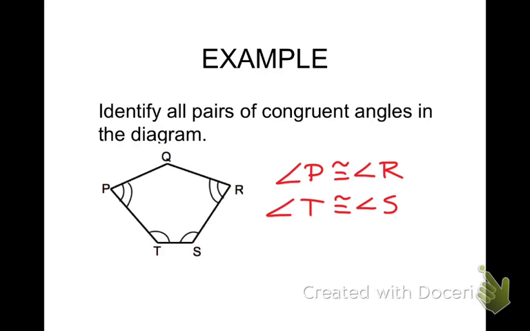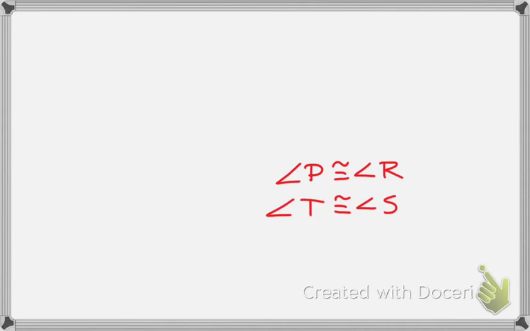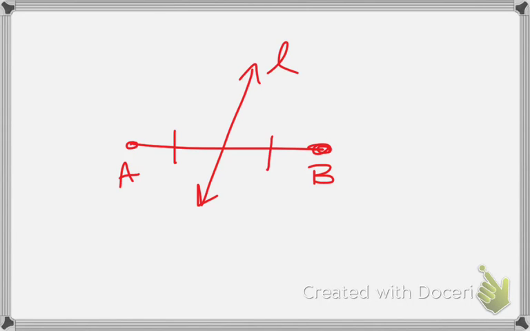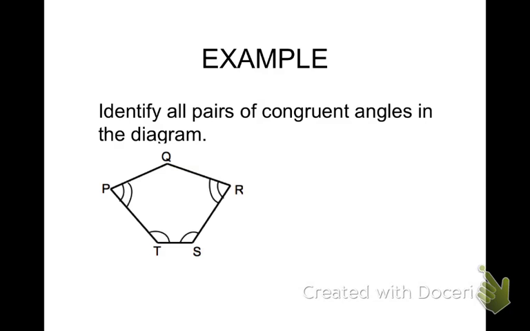If we think back to our segment days, you had problems like this, where you had line segment AB, and it was being bisected, let's say, by line L. So if it was being bisected, that meant this was the same as this. Right? Remember that back from 1.2? It's a good review.